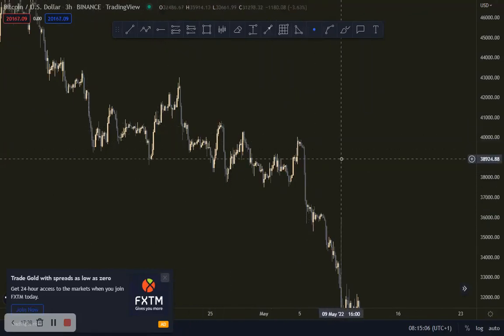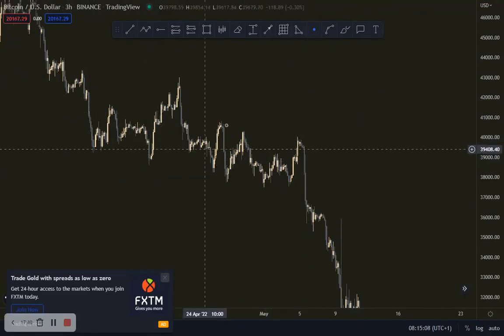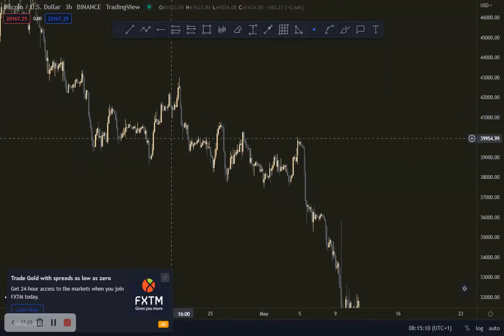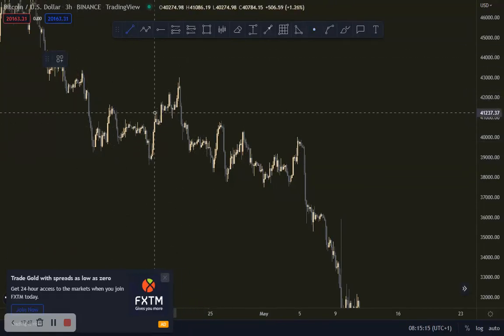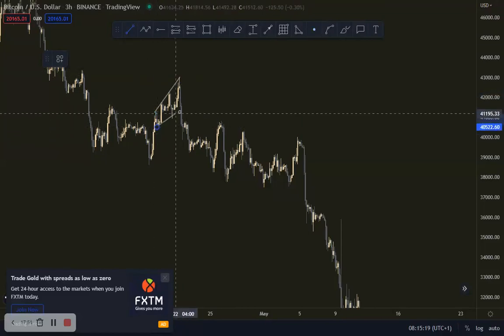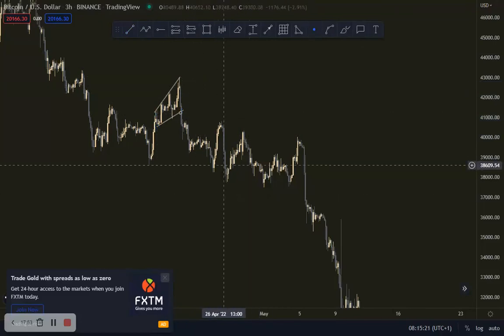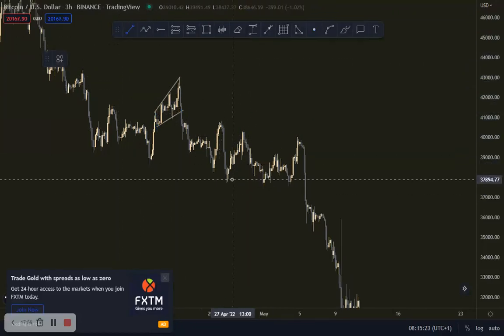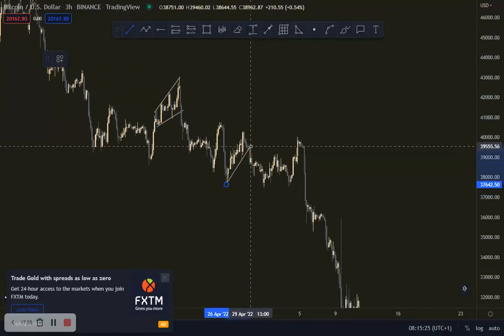So what do we have here? This pattern is not actually visible. We had our bull channel here. What happened after our bull channel? Price dropped. We had our flag. This is a bear flag.